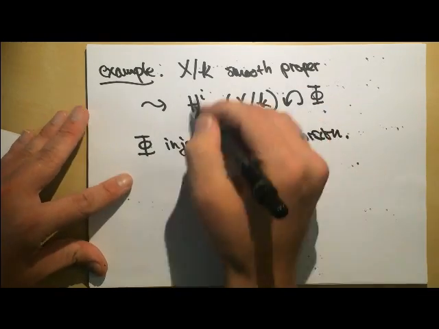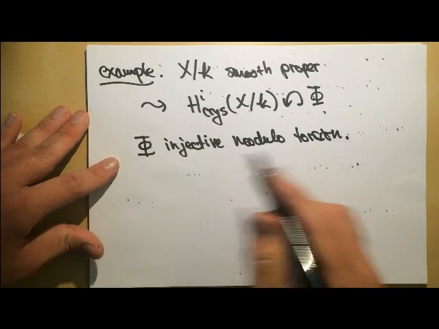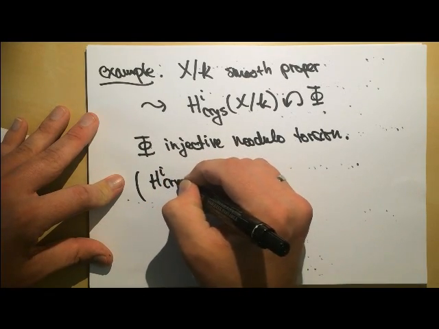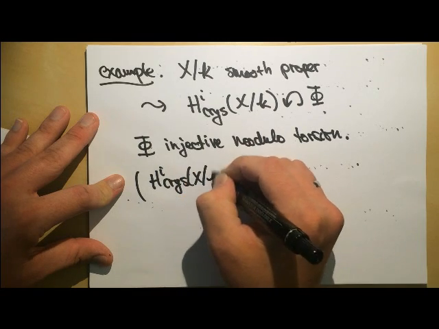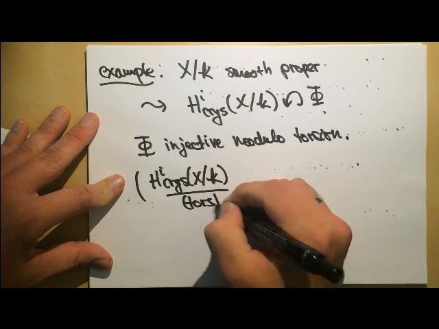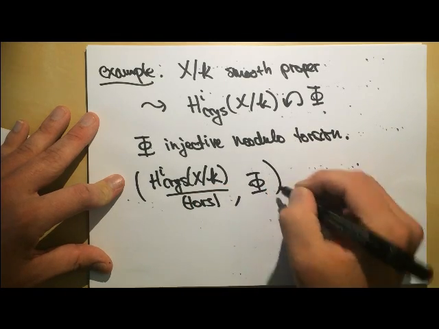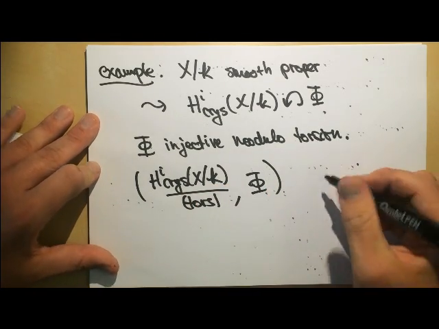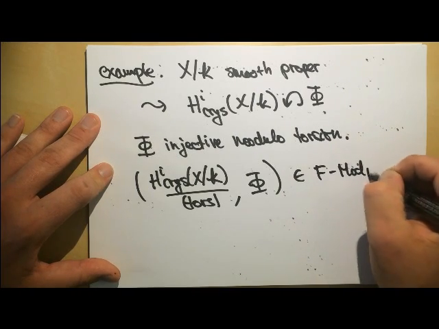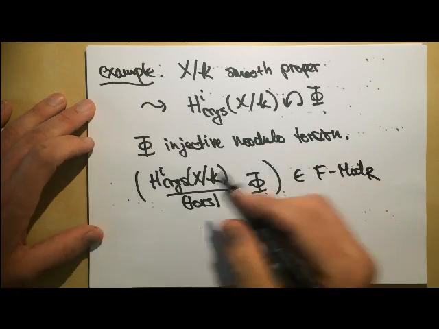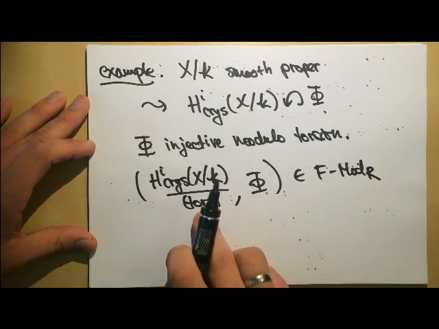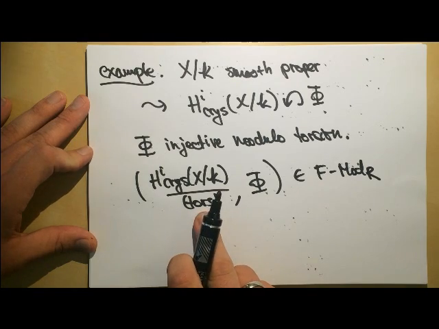So it's not necessarily that this is going to be an F crystal, but these guys, H^i crystalline cohomology of X over K, modulo torsion, and then the induced map of Frobenius, I'm just going to denote it by the same thing, this is going to be an F crystal here. Okay, so this is the primary example coming from crystalline cohomology after you mod out by torsion. So that's what TORS says, torsion.